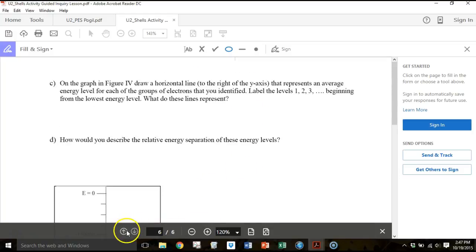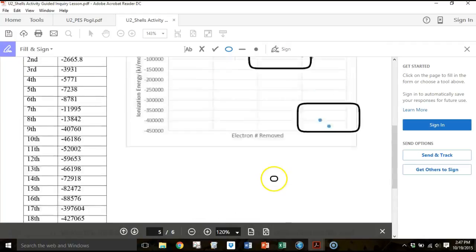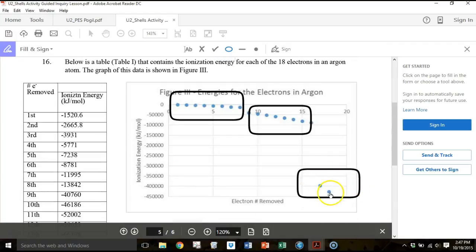So clearly there's a huge, huge, huge difference between this first energy level closest to the nucleus and these. So first energy level, second energy level, third, but these are very close. And so this is going to be something very interesting for us to take a look at when we get into our next activity.